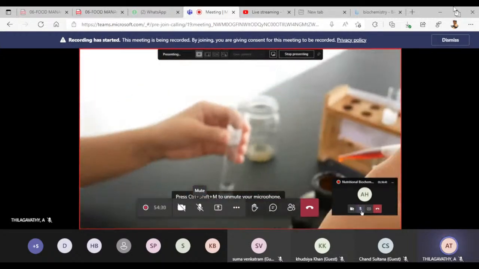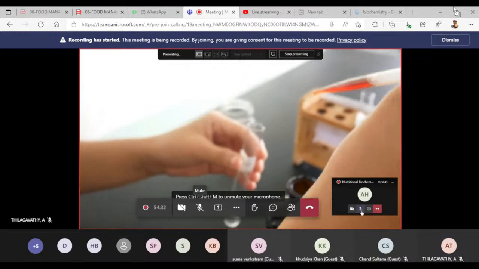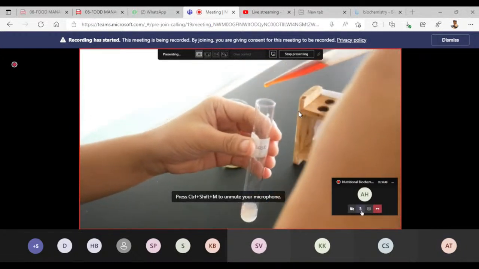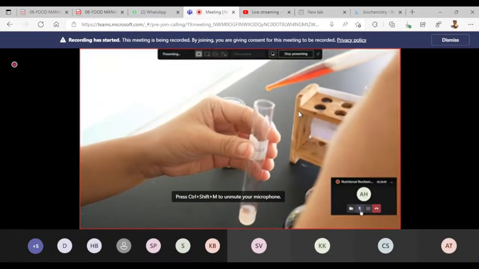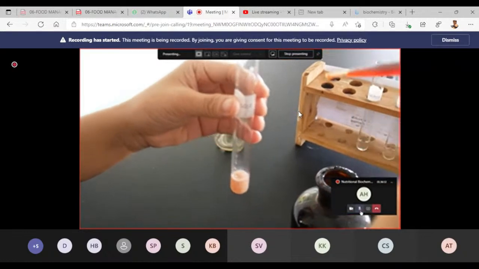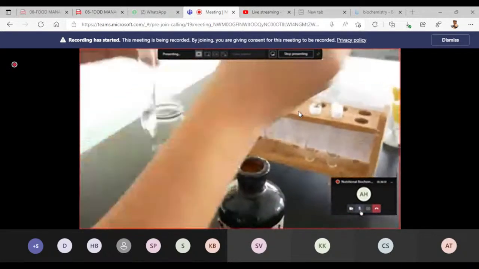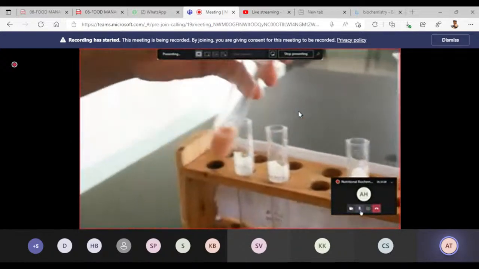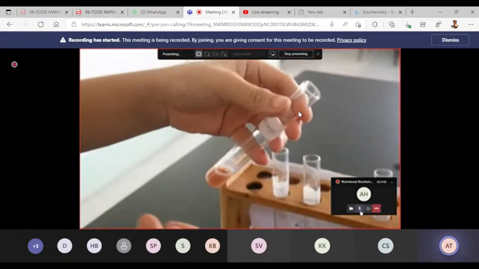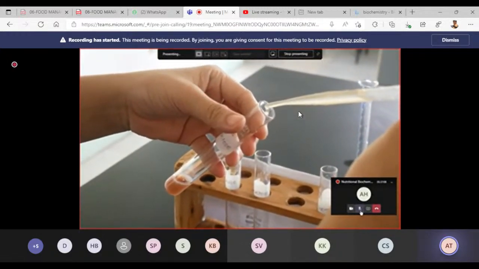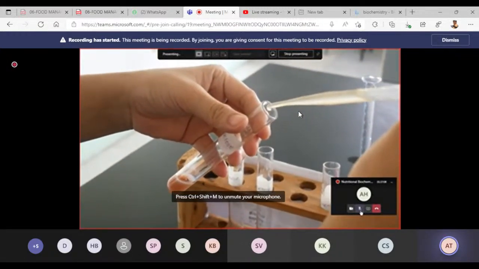First, we need about 2 ml of each carbohydrate solution in our 4 test tubes. And then we will be adding 10 drops of Molisch reagent to each carbohydrate sample and mix thoroughly. And then carefully add about 15 to 20 drops of concentrated sulfuric acid and allow it to flow down the side of the tube.